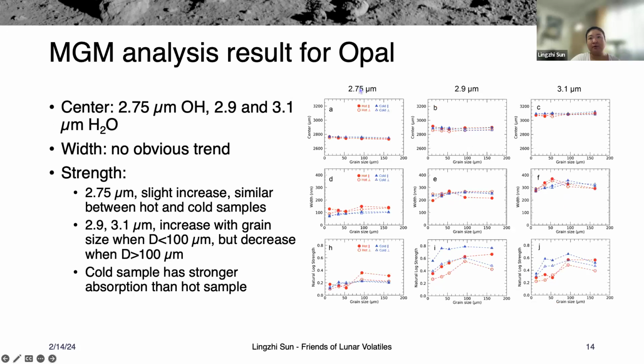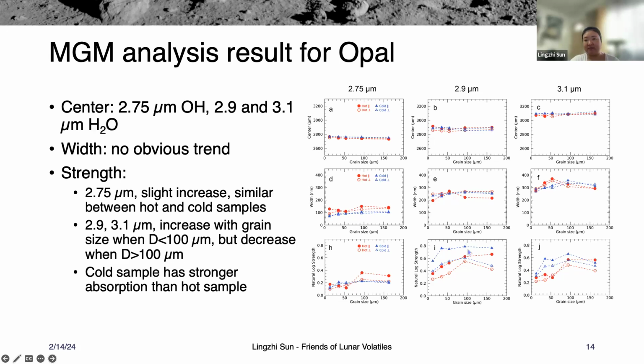For the opal sample, it has an actual band at 2.75, but its width and strength don't vary strongly with grain size. But for the 2.9 and 3.1 water bands, when the grain size is smaller than 100, you will see an increasing trend for all branches, hot and cold, and it's the same for these two absorption bands.